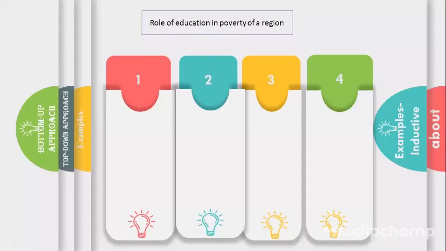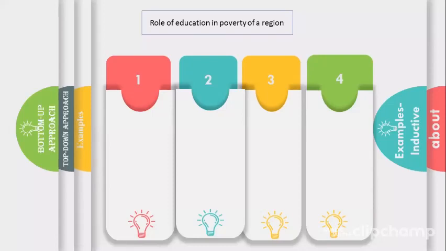Now, see the title. It does not say whether education has a positive or a negative relation. It is just a research idea to understand the role of education in the poverty of a region.